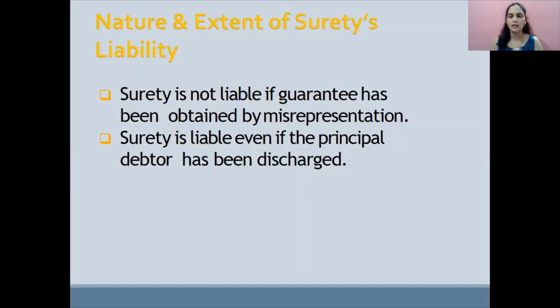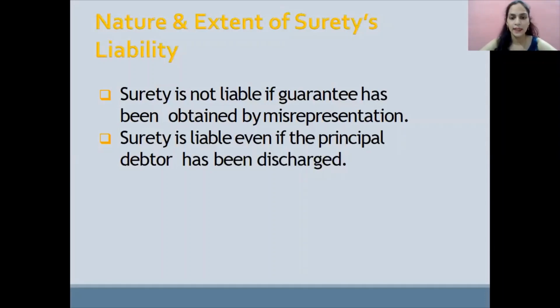That is, he is not at all liable. Why? Because the consent so given by him was caused by misrepresentation. Hence, his consent is not free. So, a contract without free consent is invalid or void. That is why the surety will not be liable against the guarantee if such guarantee has been obtained by misrepresentation.